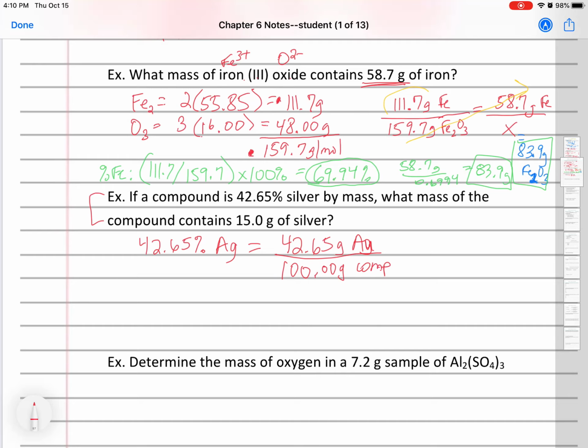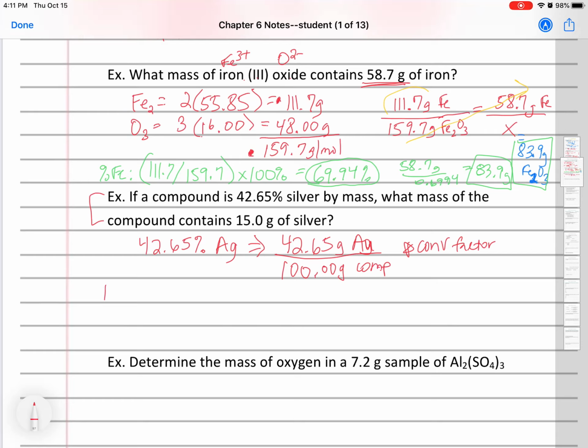That's what the percent means. 42.65% means 42.65 out of 100. So we can convert that percentage to a mass that we can actually use as a conversion factor, because now we have it in a ratio form.